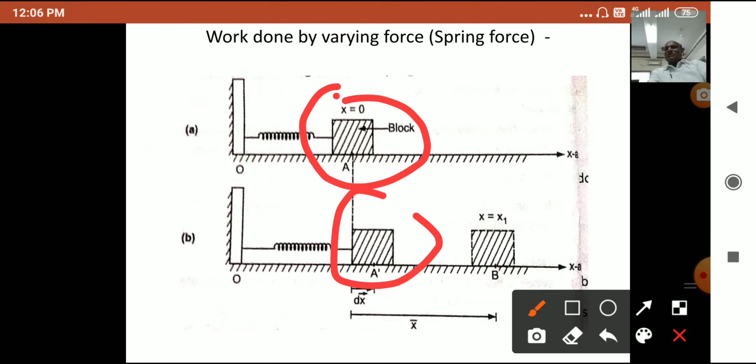We consider that the distance A A dash is equal to dx, so this small displacement is denoted by dx.